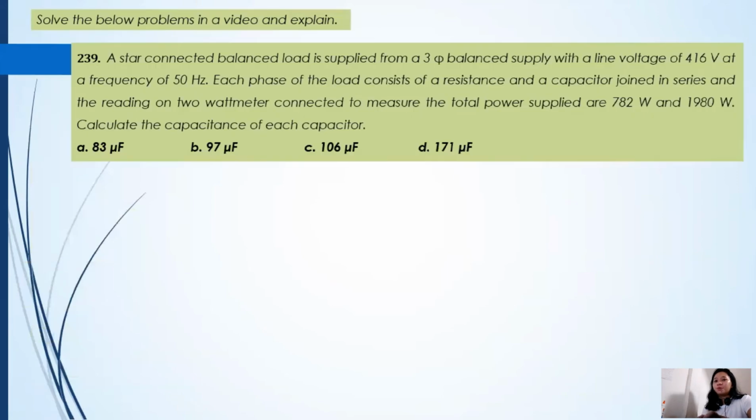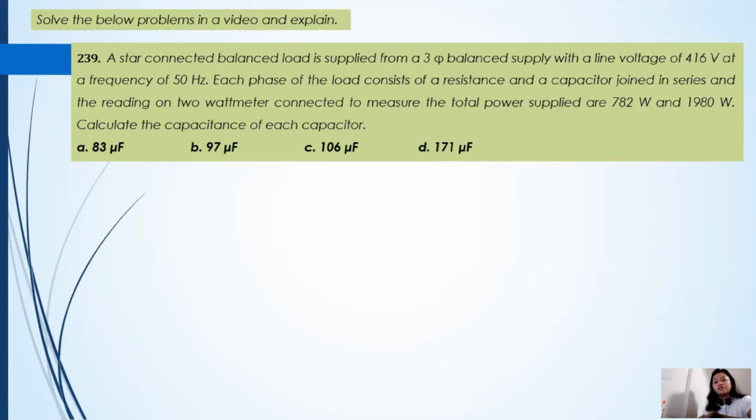So next problem, the last problem, 239. A star-connected balanced load is supplied from a three-phase balanced supply with a line voltage of 416 volts at a frequency of 50 hertz. Each phase of the load consists of a resistance and a capacitor joined in series, and the readings of 2 wattmeters connected to measure the total power supplied are 782 watts and 1,980 watts.